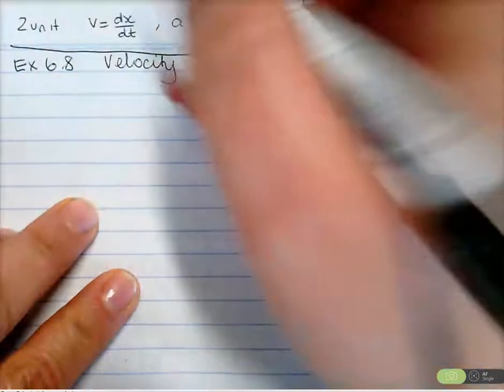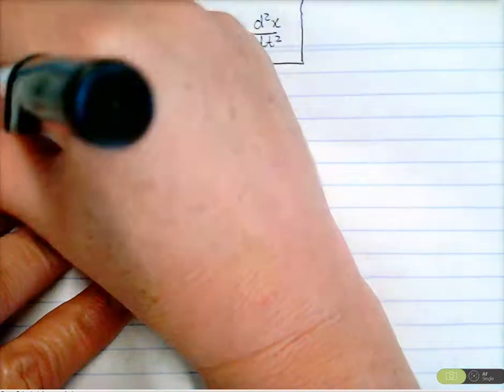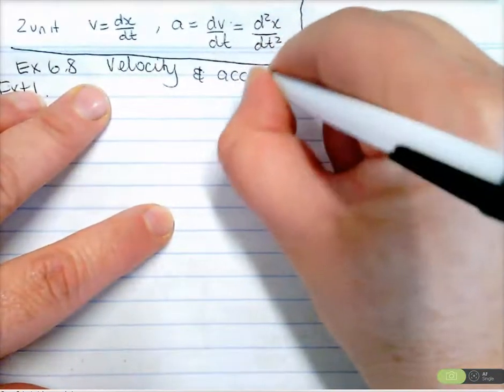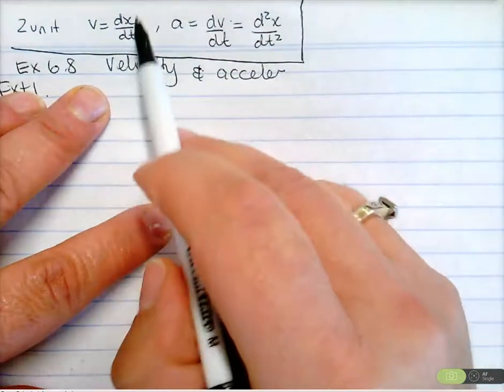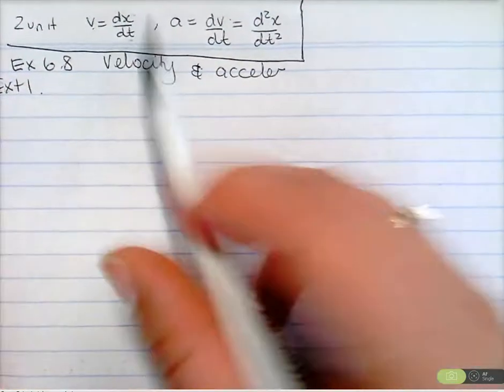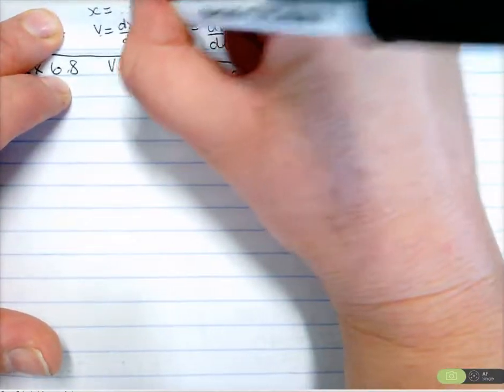All right. But in extension 1, we'll be looking at velocity and acceleration not in terms of t. I know velocity is dx/dt, but you'll get x equals something t, like you'll get x equals something t. X is always in terms of t for this.